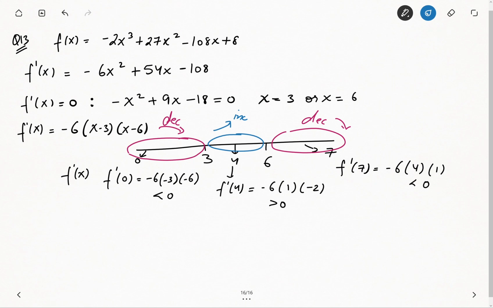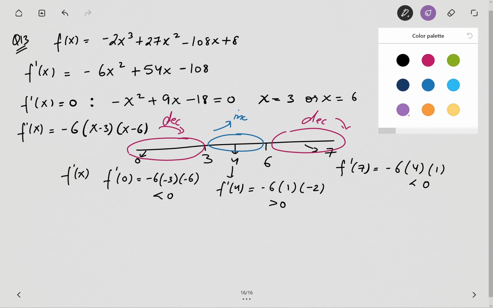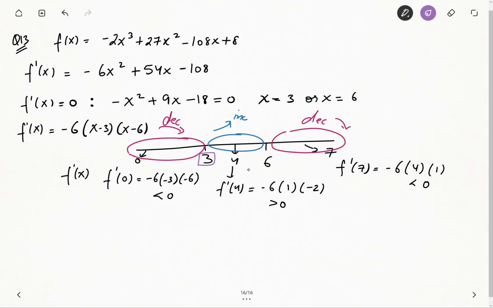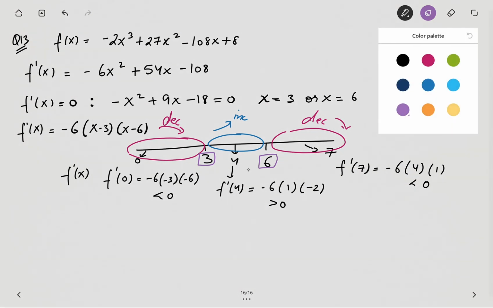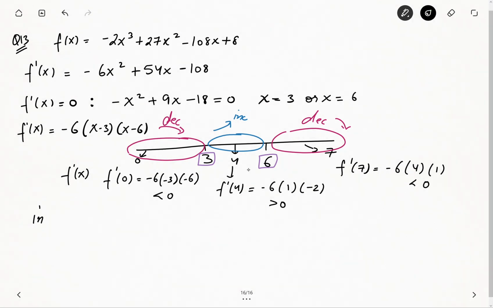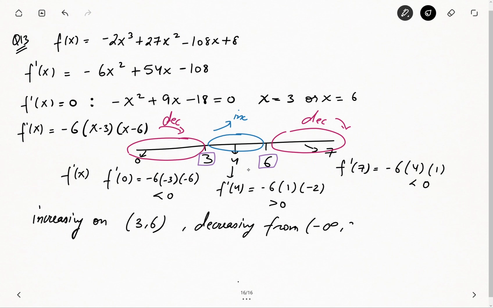Now that we have all of this, I'm going to make these purple boxes again so that we can easily identify the critical points that we found. So now the interval of increase can be written very easily: increasing on the interval 3 to 6, and decreasing from -infinity up to 3 and 6 up to infinity.